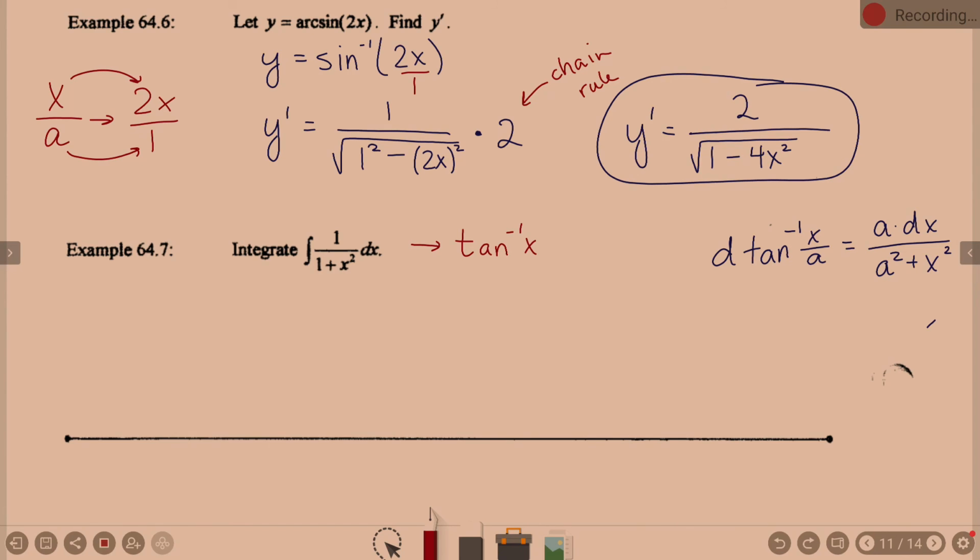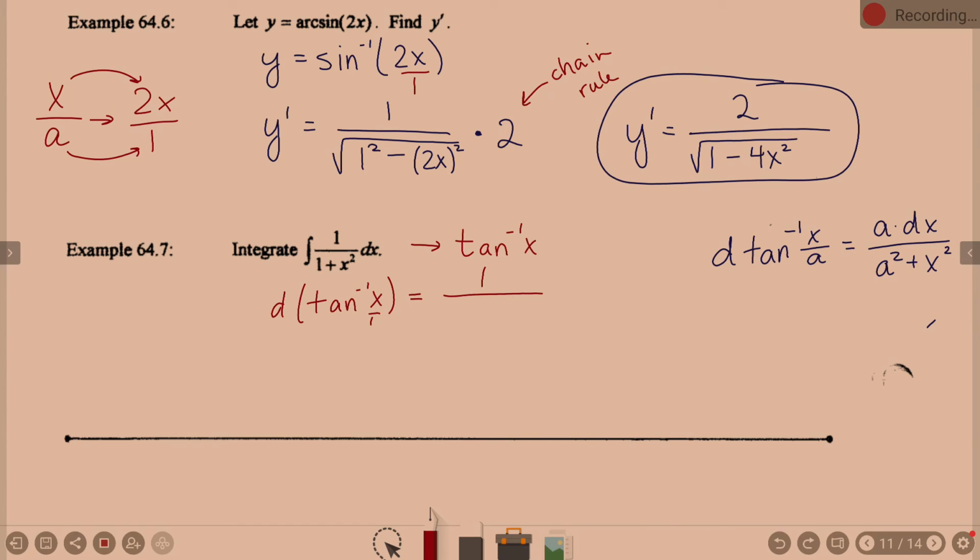If we're just looking at plain old tan inverse of x, that would be x over what? x over 1, right? And the derivative of tan inverse of x over a is a over a squared plus x squared. Well, what would be my a value? 1.